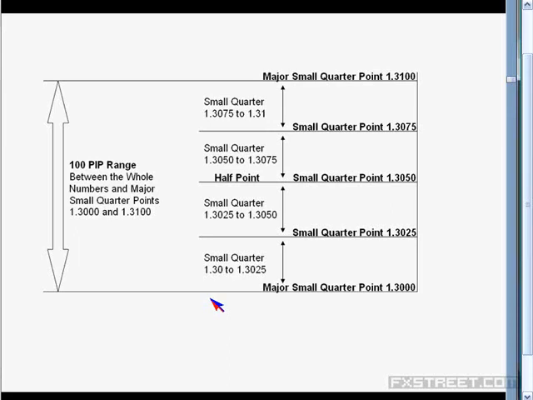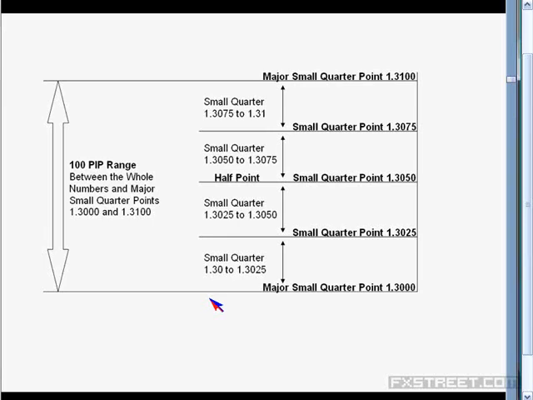So here's the example where we can divide the 100 pip range between $1.30 and $1.31. You'll get 4 small quarters. So every significant price move, I propose with the Quarters Theory, occurs from one large quarter point targeting another large quarter point.